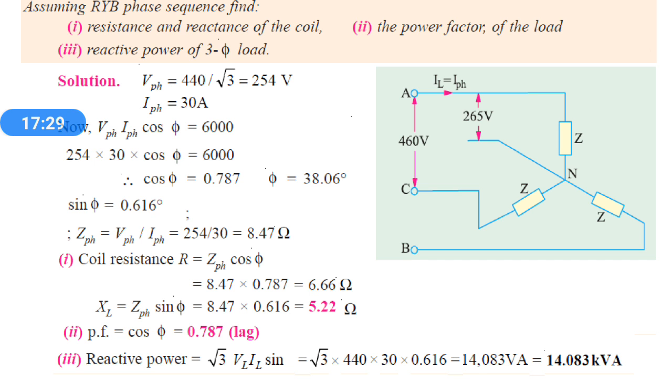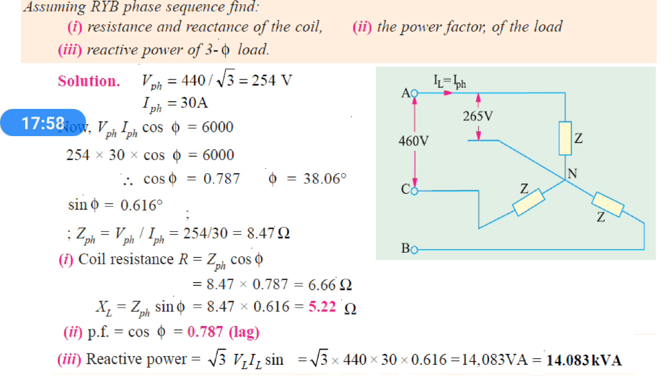Next XL value, that is the opposite side or sine component, that is Z phase into sin phi. That is equal to 8.47 into 0.616, that is 5.22 ohm. That is the resistance and the reactance of the coil. The first answer is our resistance is 6.66 and the reactance XL is 5.22 ohm.